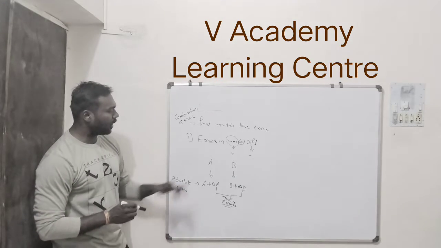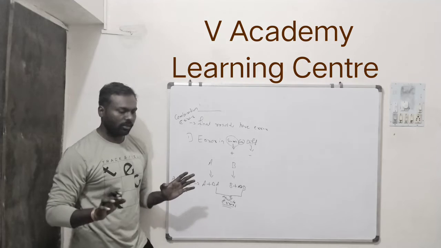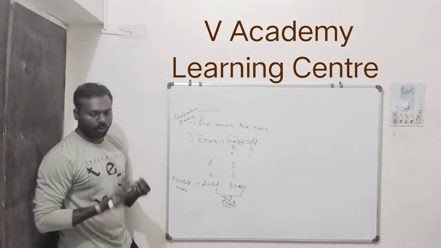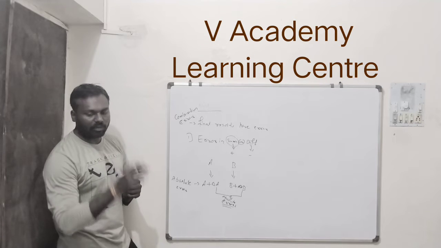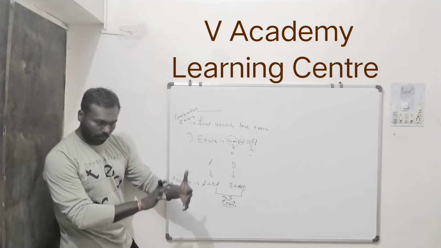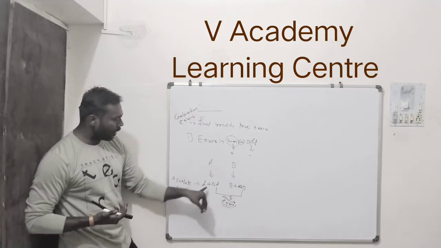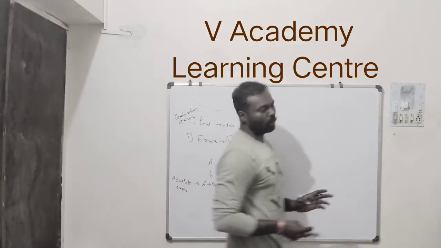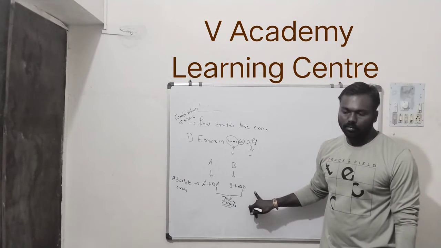I repeat: take any randomly chosen physical quantities A and B. For example, water temperature is 37 degrees Celsius, but when you measure with instruments, it varies by plus or minus 1 or 2. So 37 degrees Celsius is the exact quantity. A and B are true, A plus delta A and B plus delta B are measured, and delta A and delta B are the errors.